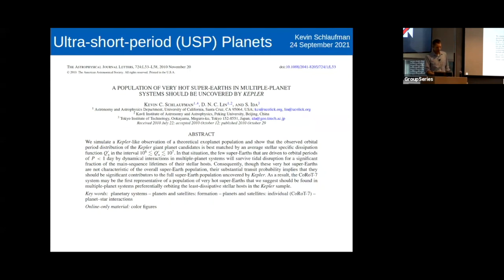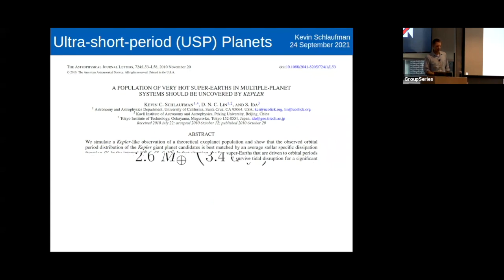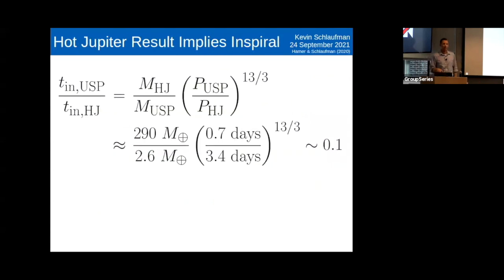So if that's true, or even if that's not true, just that these things exist, and one takes the scaling relation I had shown before, we saw hot Jupiters being destroyed by tides.